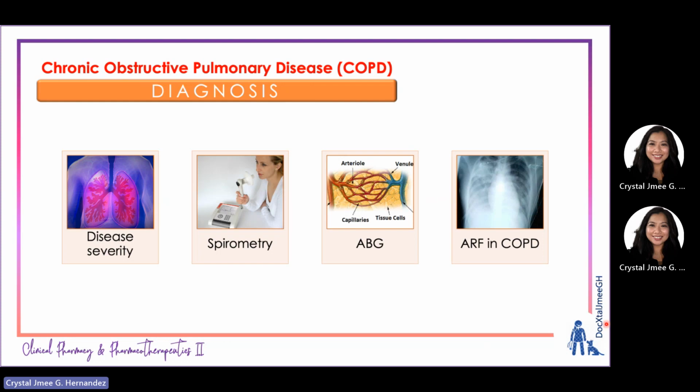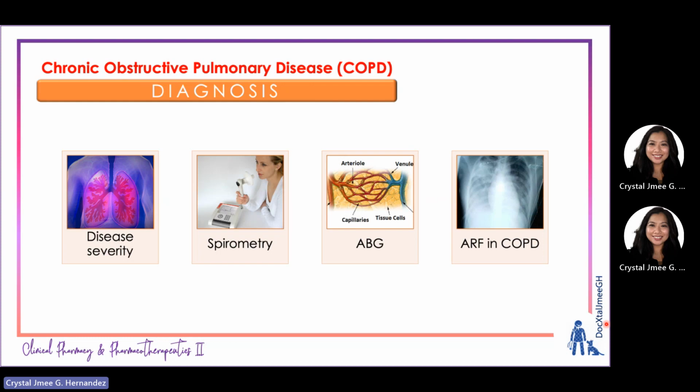Now, spirometry is needed in the diagnosis of chronic pulmonary disease. Of course, this would include evaluation of the vital capacity, the forced expiratory volume, and residual volume of the lungs, and similar interpretations. Likewise, arterial blood gases can also be assessed.